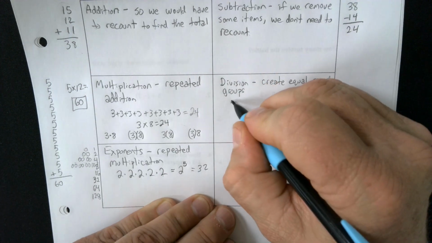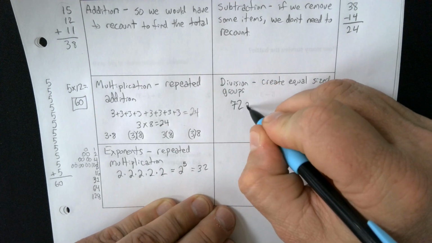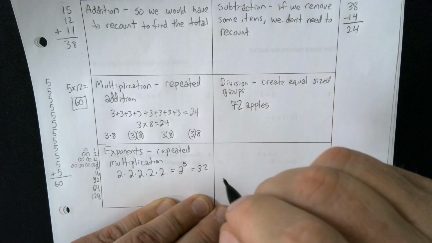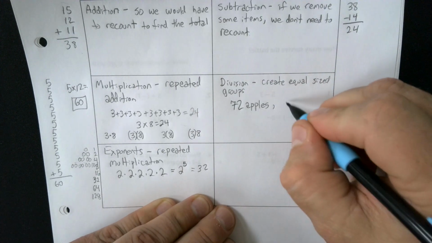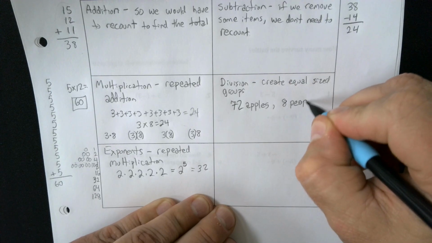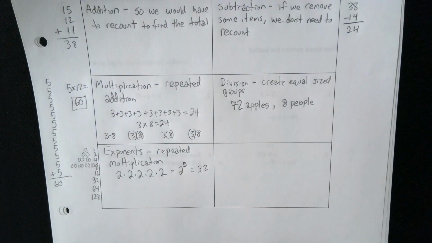So as an example, if we went to an orchard and we picked 72 apples, and there was 8 of us, so 8 people picked these apples. How many apples should each person get if we're going to divide them up evenly?